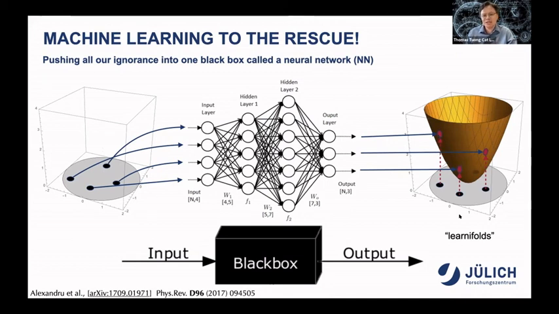This has been proposed many years in the past, and if you do this, this is what people call the learnifold, which you've heard about in Andre's talk yesterday and Will's talk as well.